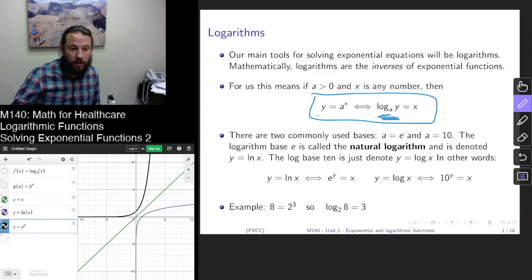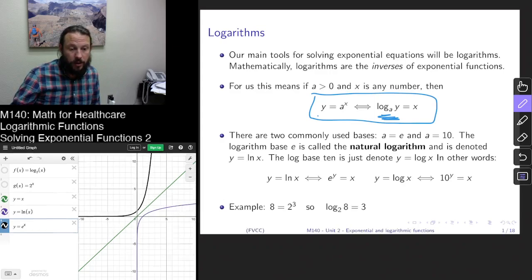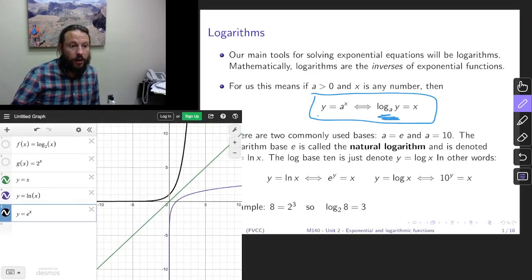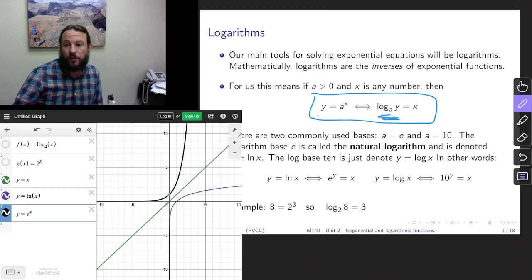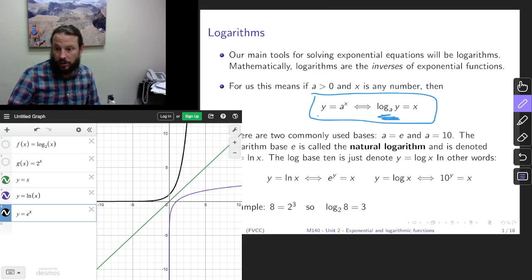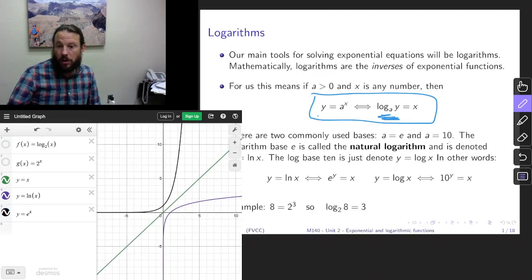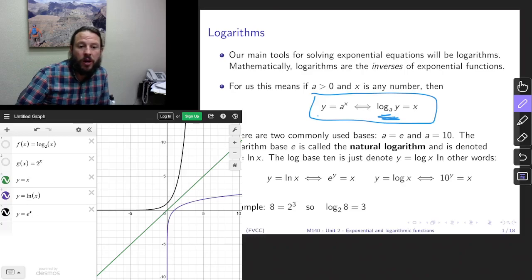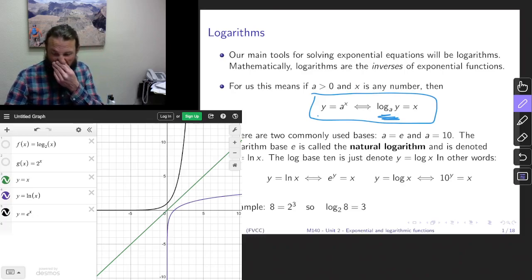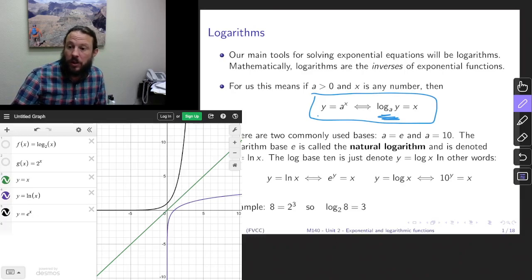So now in the bottom of my screen, I'm going to make it a little bit bigger here. I have the natural log function graphed, which is in purple, and the exponential function, which is in black there, and then the line y equal to x, because it just gives us an idea of how they're related.